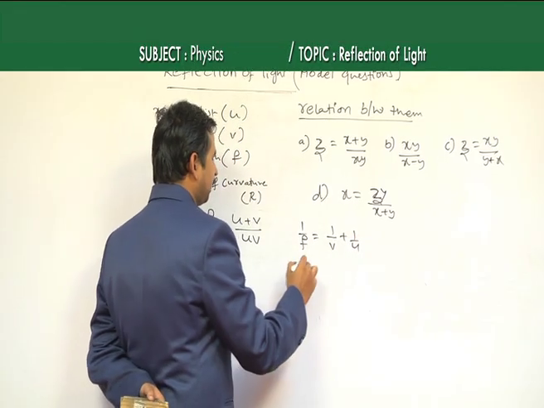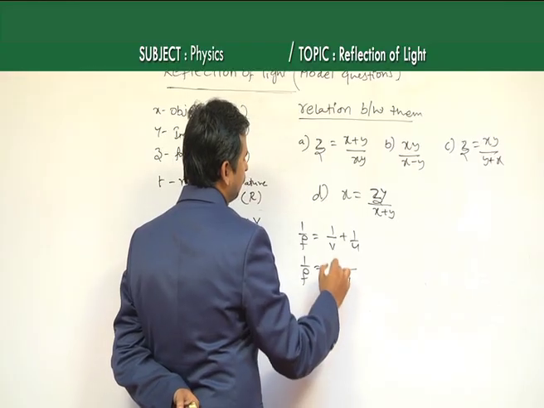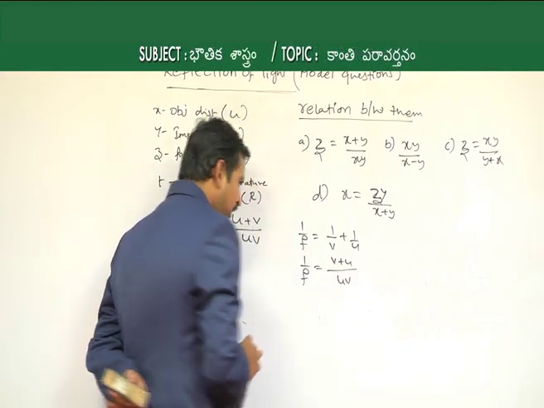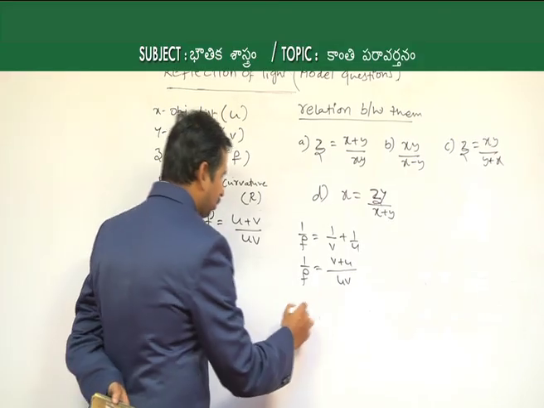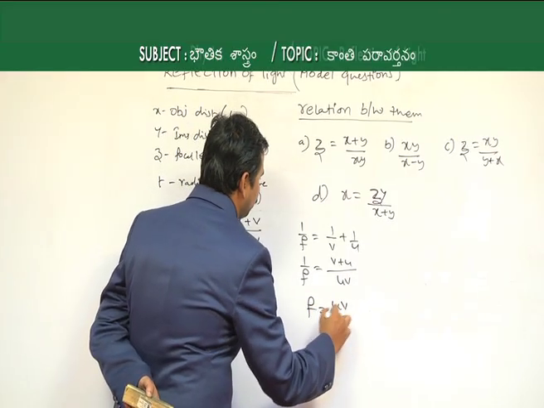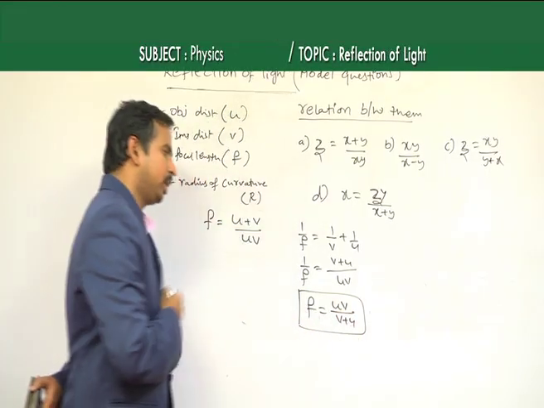If you cross multiply, 1 by f is equal to (v plus u) by uv, since uv is the LCM. In terms of this, f value is equal to uv by (v plus u). This is the actual relation we have.